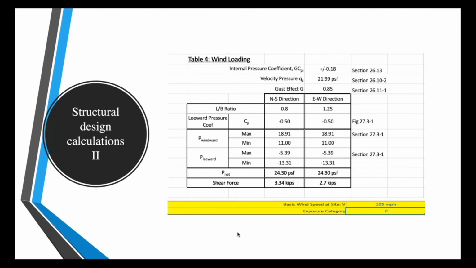Account shall be taken of variation in ground surface roughness that arise from natural topography and vegetation as well as from constructed features. For each selected wind direction at which the wind loads are to be evaluated, the exposure of the building or structure shall be determined for the two upwind sectors extending 45 degrees either side of the selected wind direction. The exposure in these two sectors shall be determined in accordance with this, and the exposure resulting in the highest wind load shall be used, representing winds from that direction.